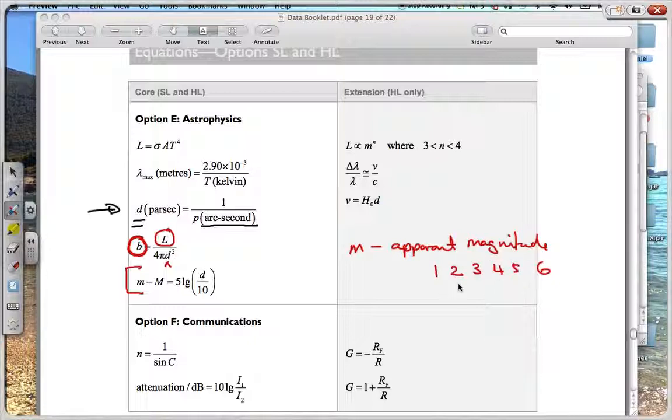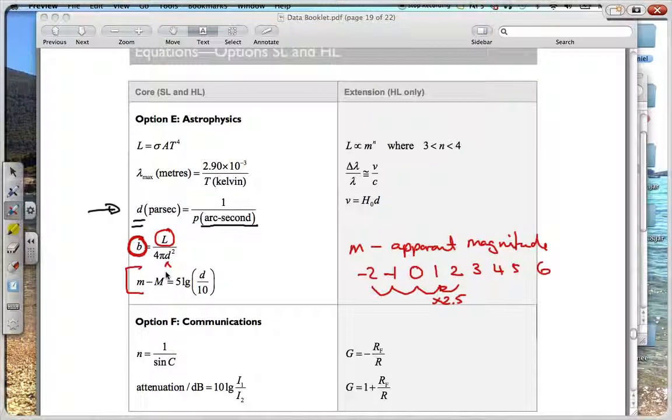And basically there is a 2.5 increase in the brightness as we go from a type 2 star to a type 1 star, or so forth, and this can extend. As we go down, we're actually getting brighter. Each time we're going down, we're going 2.5 times brighter, and so forth.